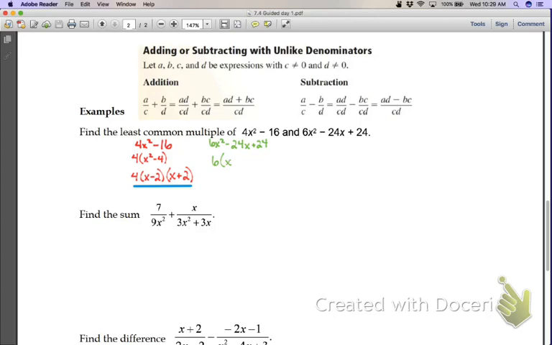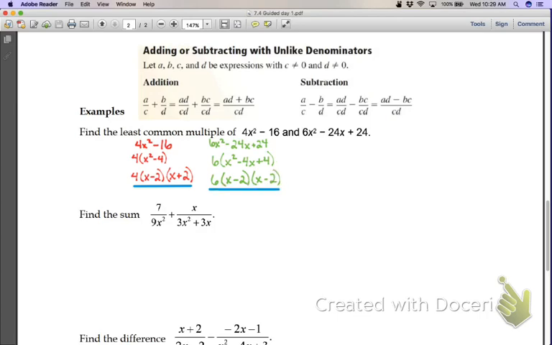So I have 6 times x squared minus 4x plus 4. Can x squared minus 4x plus 4 be factored? Are there two numbers that I can multiply together to give me a positive 4, combined to give me a negative 4? Negative 2 and negative 2, right? So x minus 2 and x minus 2.